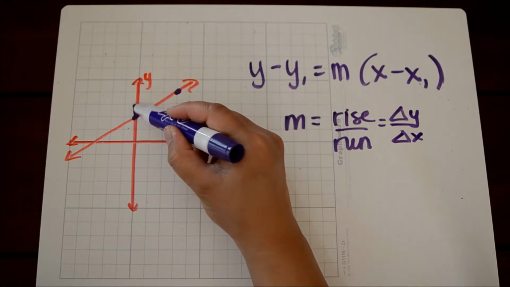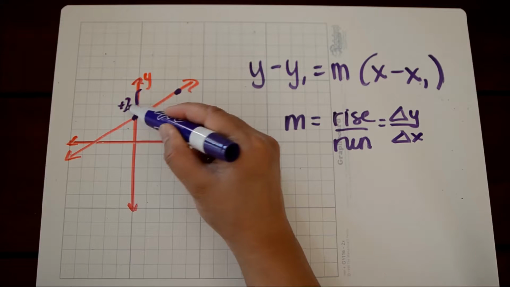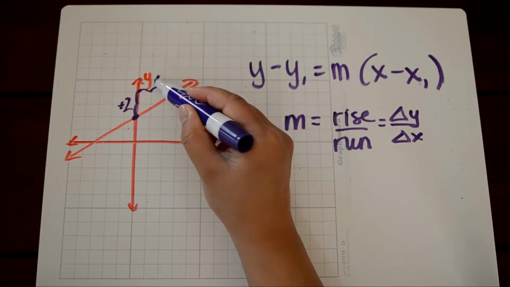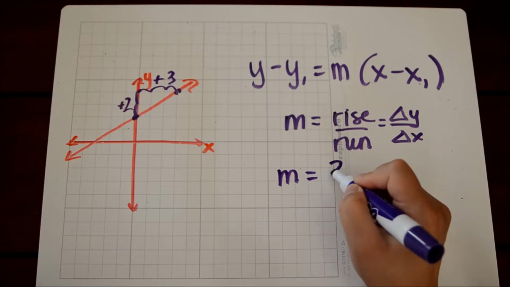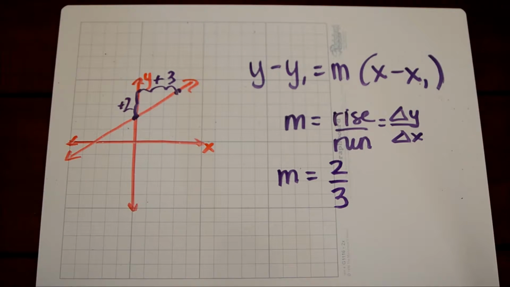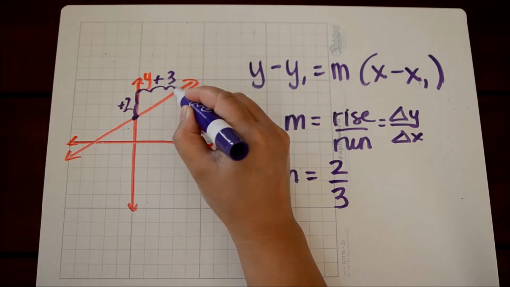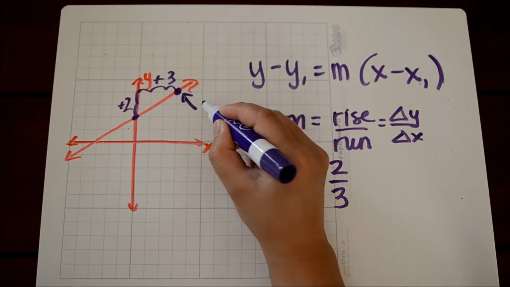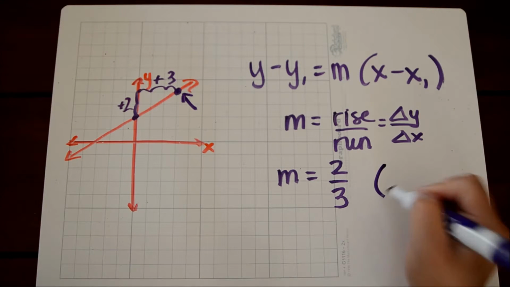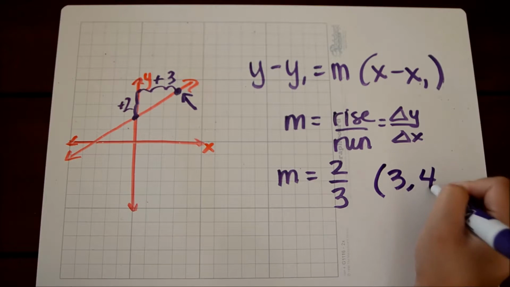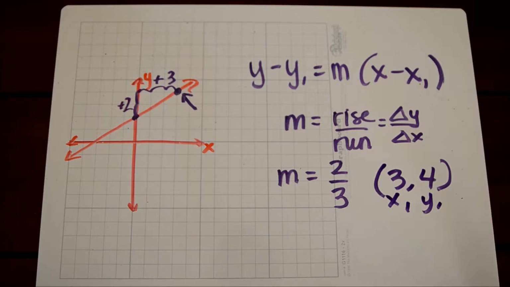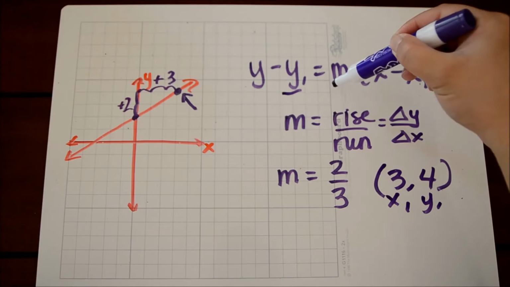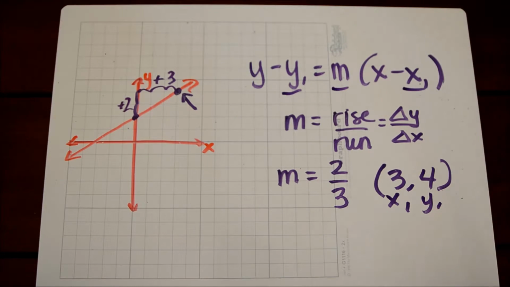So our change in y, we're going to go up 2, so that's a +2. We're going to the right 3, so that's +3. Our slope is 2/3. I could choose any point on this graph. However, I'm just going to choose this point here, one of the points we use to find slope, and that is the point (3, 4). So that point's going to be our x1 and y1, and we're substituting these values in for y1, m, and x1 again.